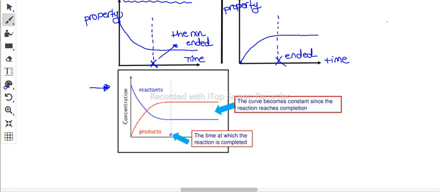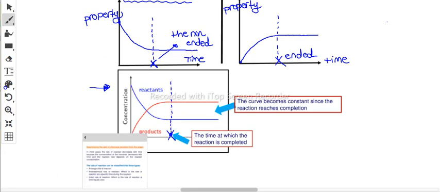If you look at the two curves, you're going to find that both of them become constant or flat at the same time. So this is an indication that this is the time at which the reaction reaches completion and it has been completed. Because of that, the concentration or the property which we are measuring per unit of time becomes constant.